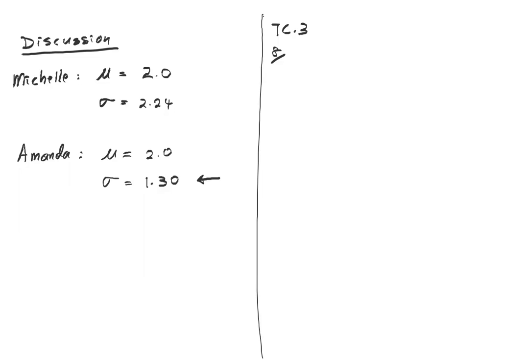Okay, 7C.8. What you need to do is, what is your variable of interest? The variable of interest will be the amount of money you will win from playing this game.